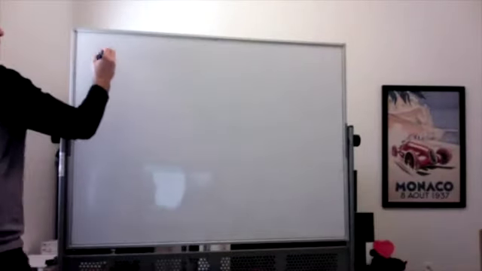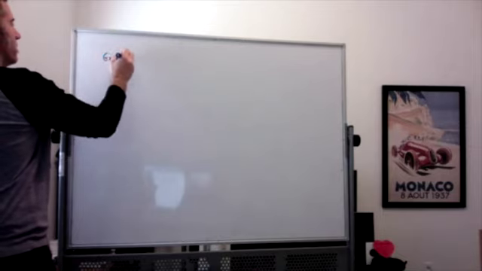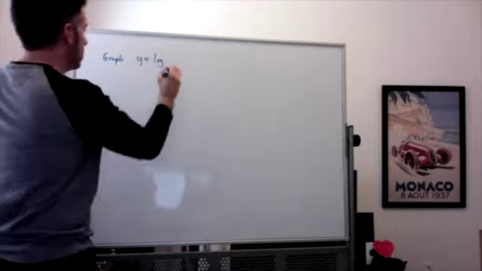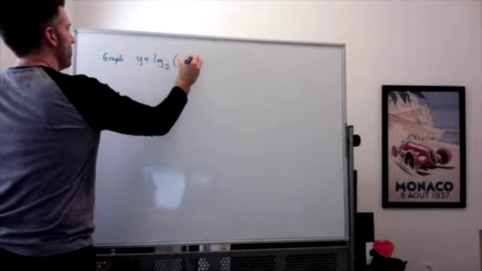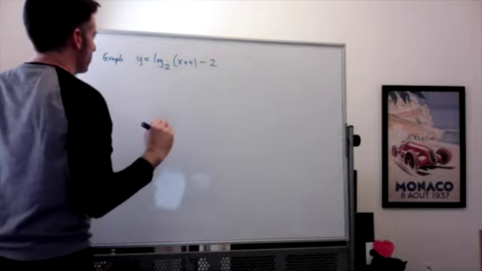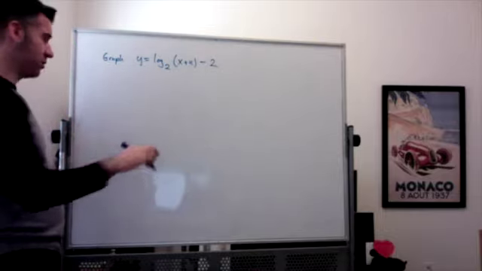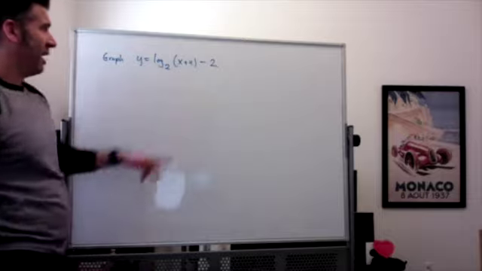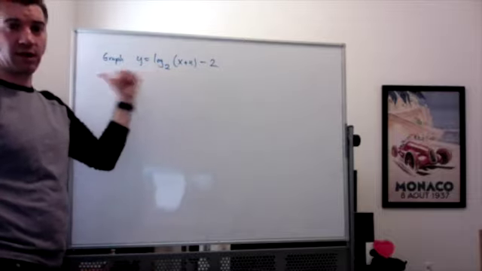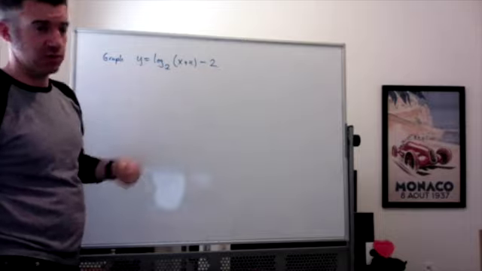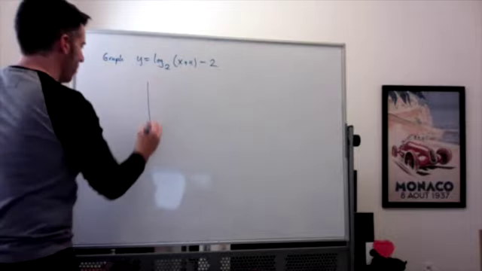Let's graph y equal to log base 2 of x plus 4, minus 2. Okay. So I know my usual logarithmic graph looks like this. I know that the plus 4 is going to shift it left by 4, and the minus 2 is going to shift it down 2. So I'm going to try and do it all at once.